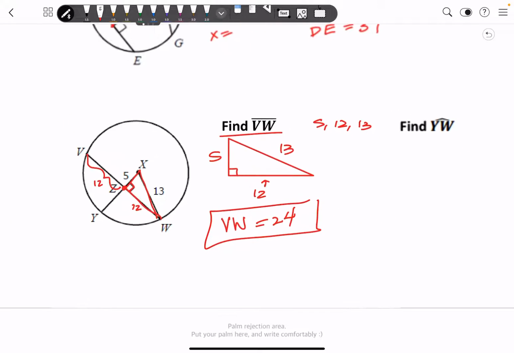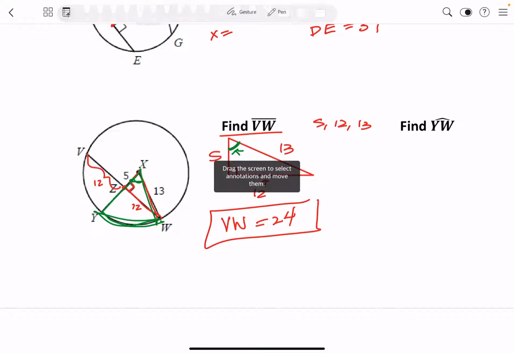All right, the next one says we have to find the measure of arc YW. Well, we've got a central angle there, and it's going to be congruent to YXW. That means I need to find out this angle right here.